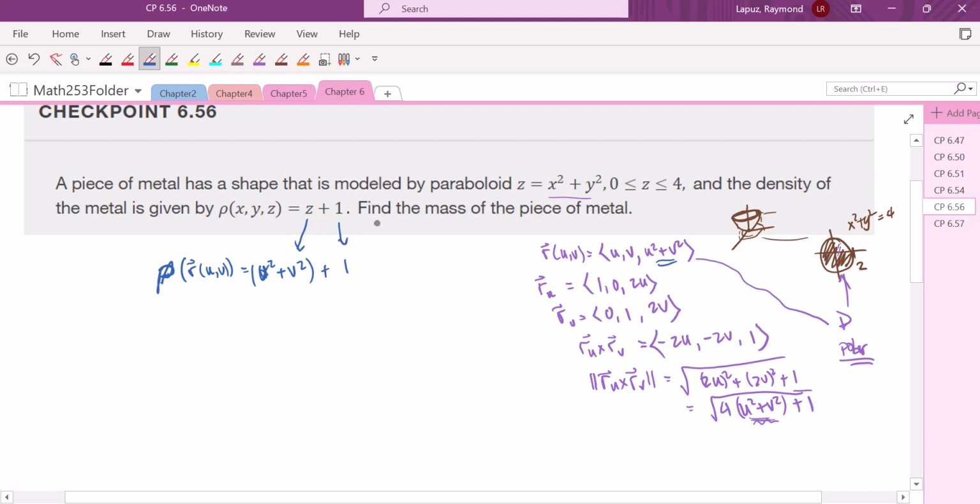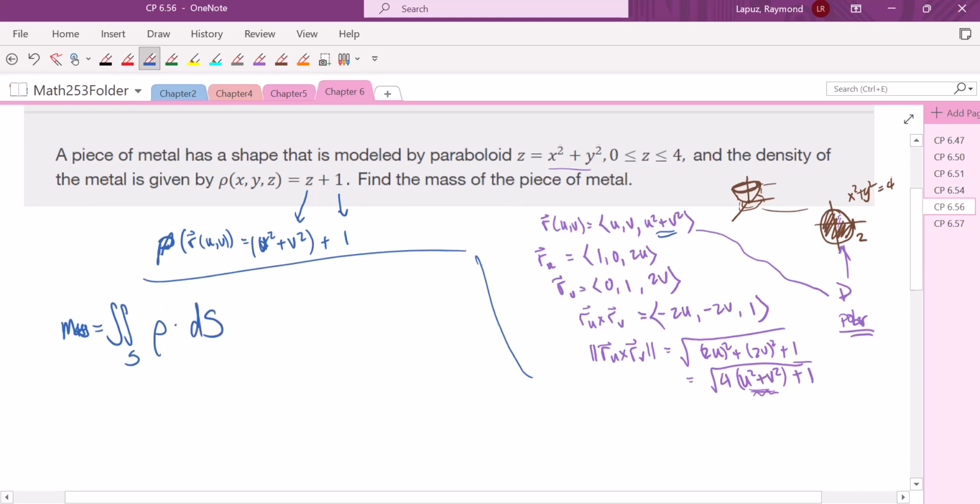So that's it for that. And now we'll put it together into our integral. Our mass is going to be the double integral over the surface of rho times dS. This is not a dot, this is just a times.